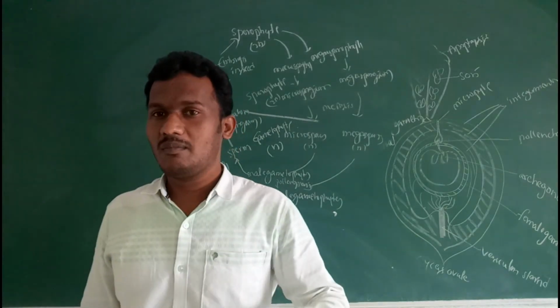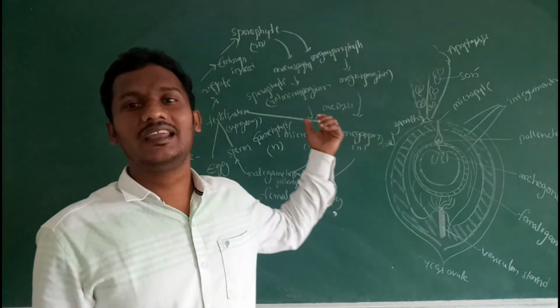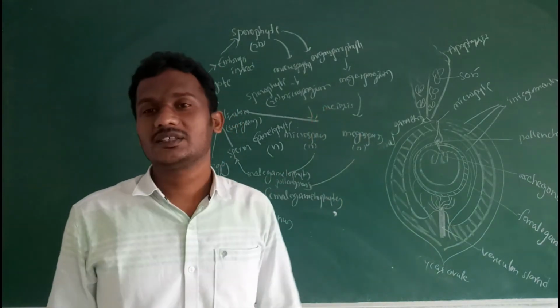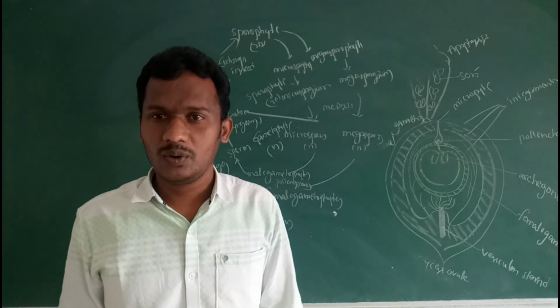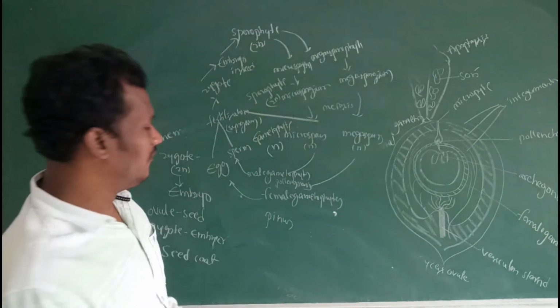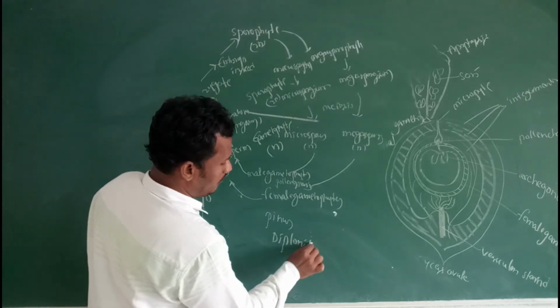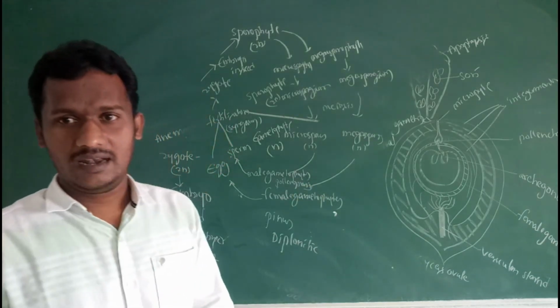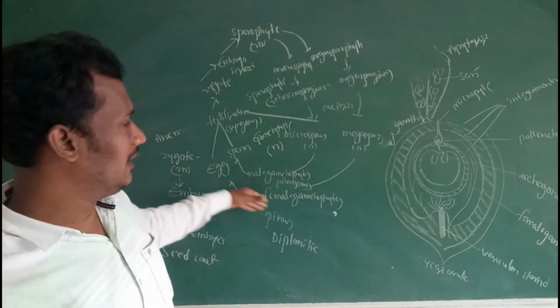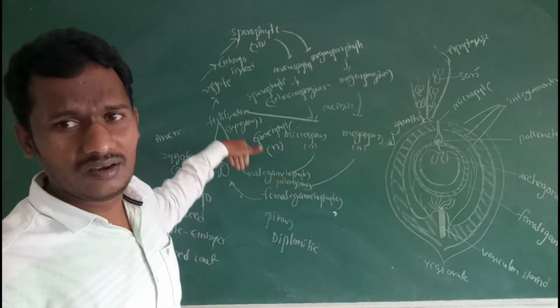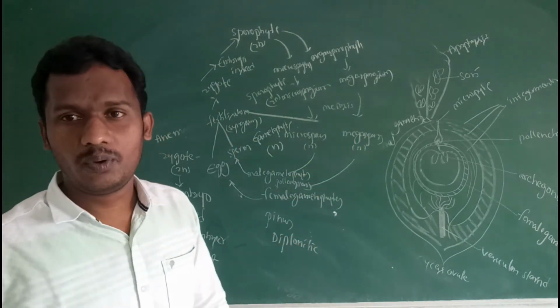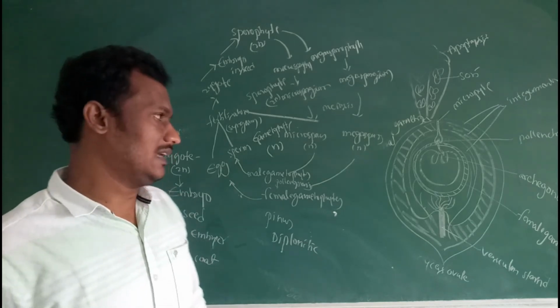That means a number of embryos are present in a single seed. This is known as the polyembryony condition. The life cycle of gymnosperms is a haplo-diplontic life cycle.